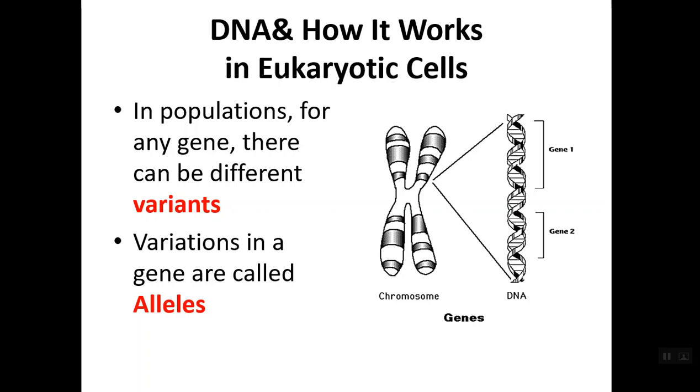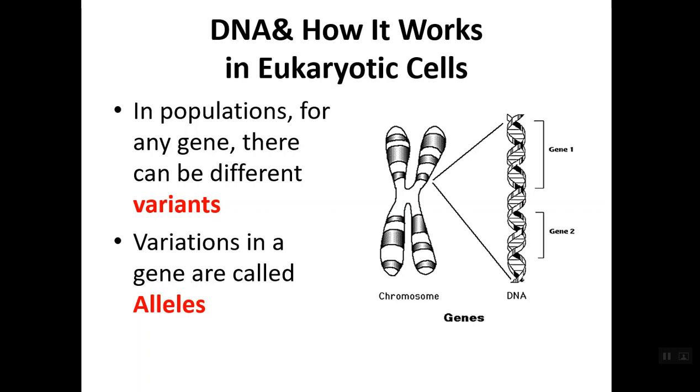It's a different protein sequence and gene sequence that is just present in a population. And there are many examples. Another example is skin color and so on. So all these variations in a gene, in a population, are called alleles.